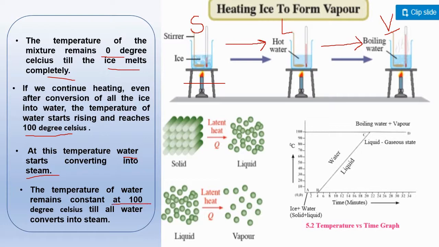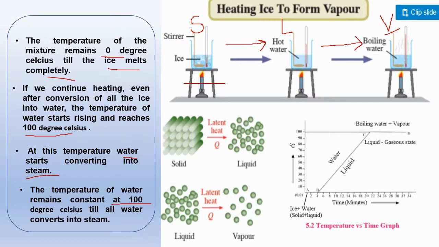So here also the temperature is constant. At the start, when the ice melts, the temperature is constant at 0 degrees centigrade for the solid phase. After that, when the solid is converted into liquid, the water is heated and the temperature rises to 100 degrees centigrade, right?